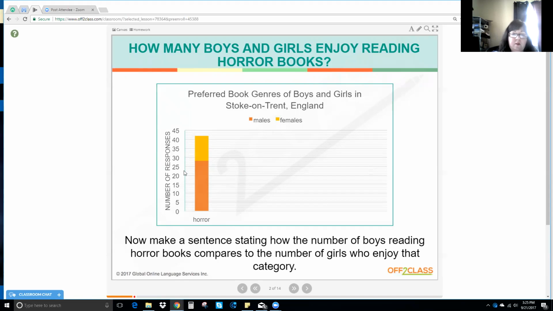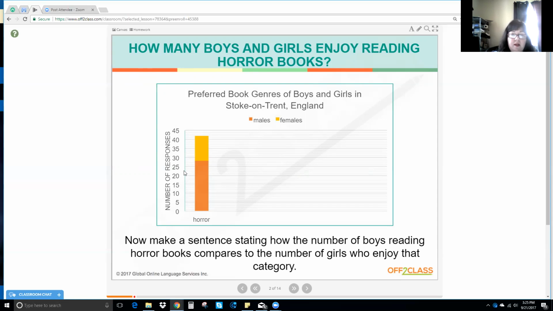In this case, it's for the number of responses, and then the breakdown. So you need to read your key. This is the males and this is the females. Okay, so you will make a sentence stating how the number of boys reading horror books compares.